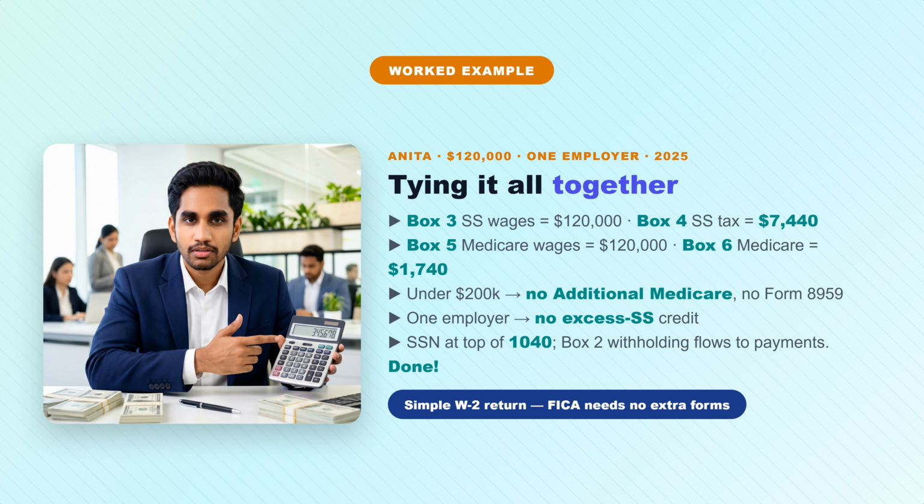She's under $200,000, so no additional Medicare and no Form 8959. One employer, so no excess Social Security credit. Her SSN goes at the top of the 1040, and her Box 2 income tax withholding flows to payments. Done. A simple W-2 return where FICA needs no extra forms.